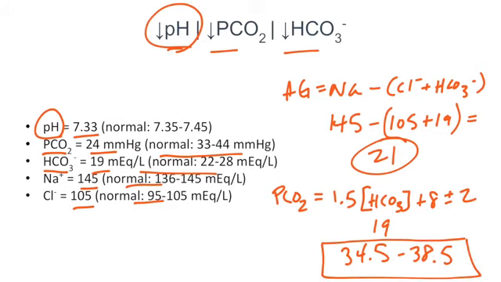The patient's PCO2 is 24, which is not within our predicted range, so the lungs aren't compensating adequately. Because the measured PCO2, 24, is less than the predicted PCO2, 34.5 to 38.5, this patient has a concomitant respiratory alkalosis.